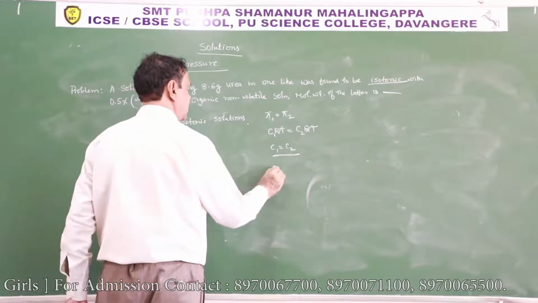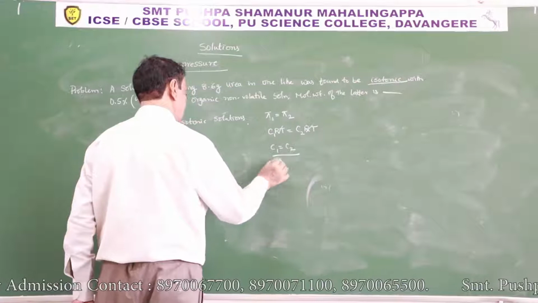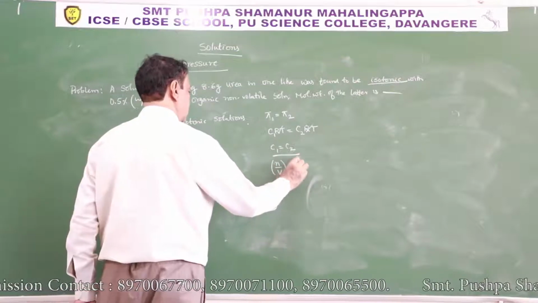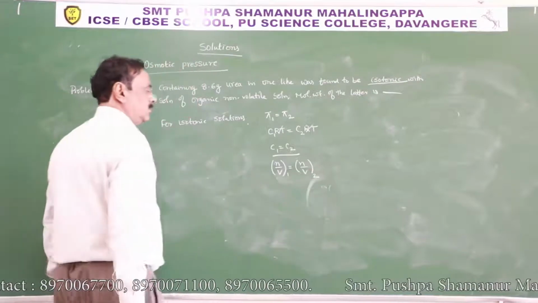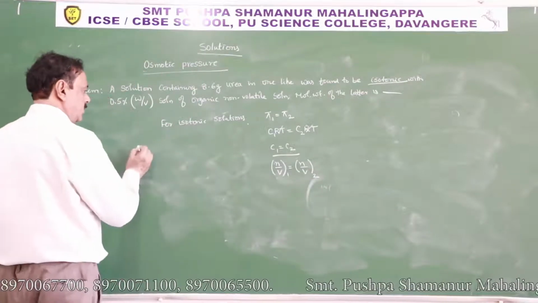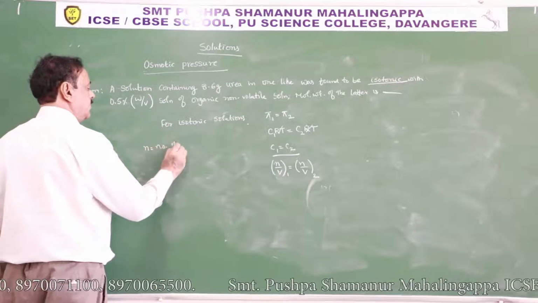What about the C1? That corresponds to n divided by V. C1 is equal to n1 divided by V1, and C2 is n2 divided by V2. Here n is the number of moles.